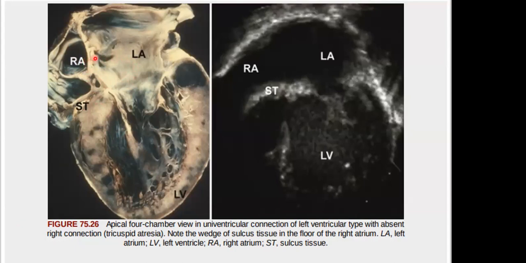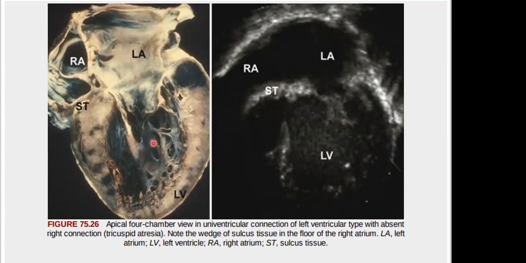Most times, patients with tricuspid atresia normally have a shunt, an atrioseptal defect or a ventriculoseptal defect, so that the blood coming from the superior vena cava will get into the right atrium and then into the left atrium. Then it goes into the left ventricle.